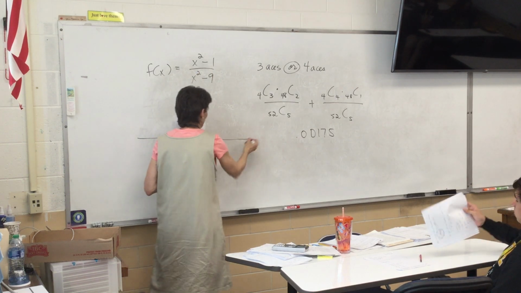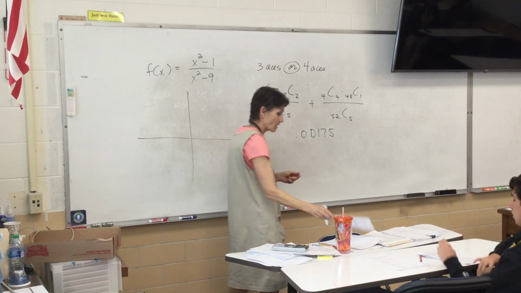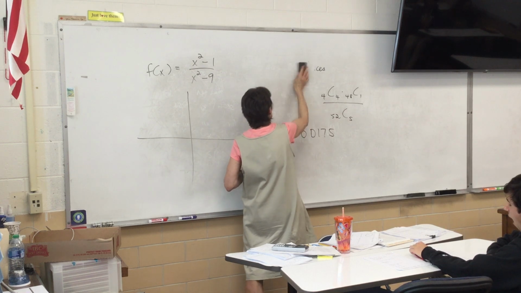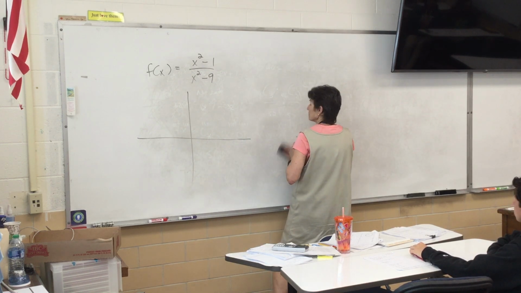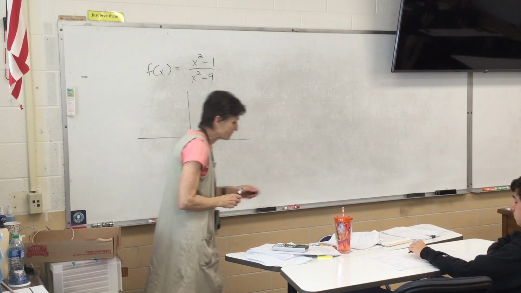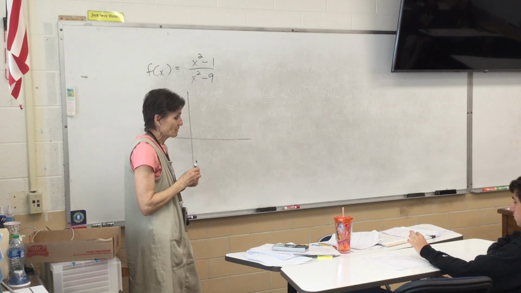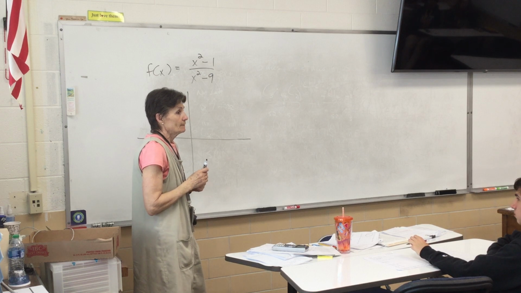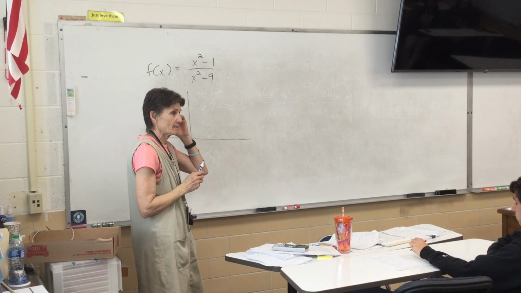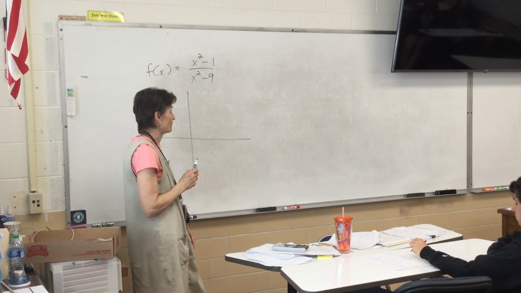I'm going to go ahead and graph it because there are other things besides vertical asymptotes and y-intercepts that we might need. So I'm going to put everything in here, even though this particular question only asks 2. If you look at the other review sheet, it asks you for different things. So let's just review how to find everything.